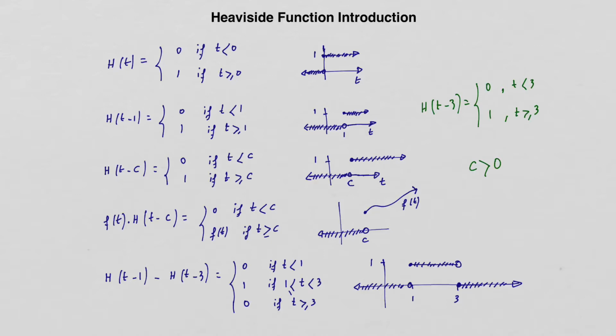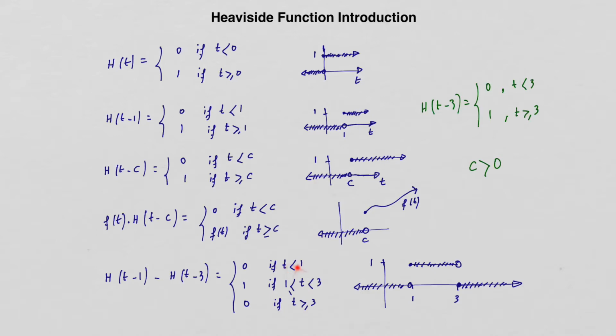Notice there are two critical values, 1 and 3, which means there are three parts to this on-off thing. It's going to be off, on, off. Why? You have an interval where t is less than 1, another interval where t is between 1 and 3, and a third interval when t is more than 3. So it's easy to determine these.